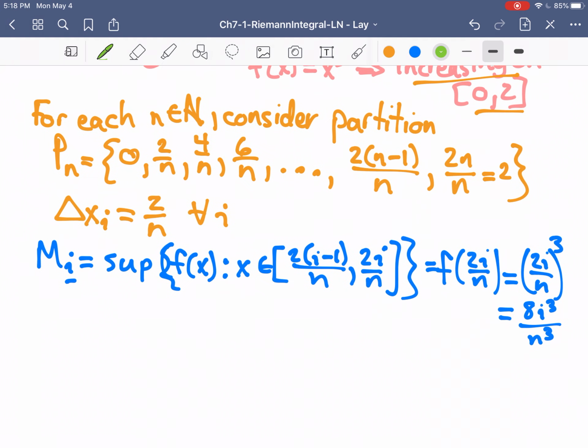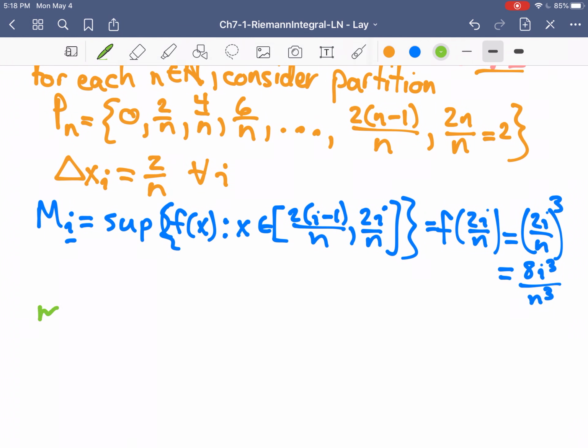Similarly, our infimum, our lower values of those function values, are going to occur at the left endpoints.